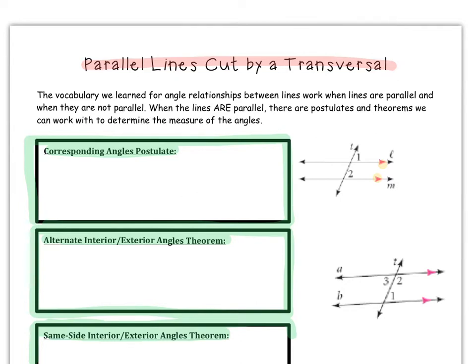My stylus isn't great with this iPad that I'm using tonight, so I'm going to type up the postulate for you.